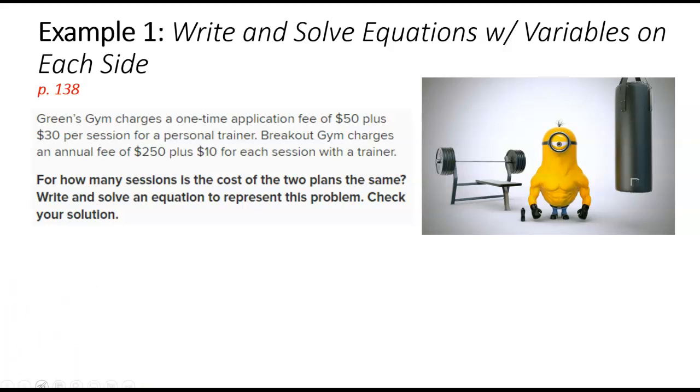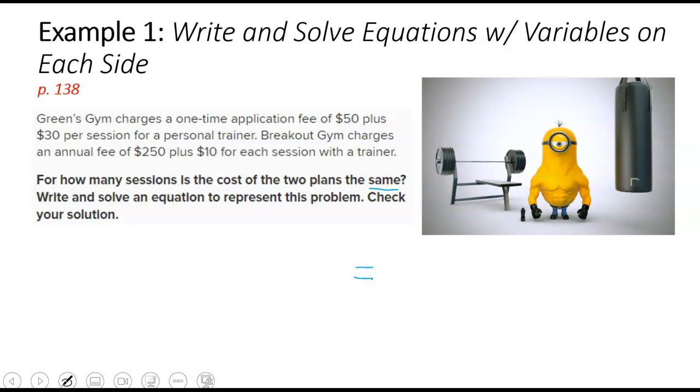Breakout Gym charges an annual fee of $250 plus $10 for each session with a personal trainer. For how many sessions is the cost of the two plans the same? So when you say the word the same, for how many sessions are the costs of the two plans equal? So there's our equal sign.